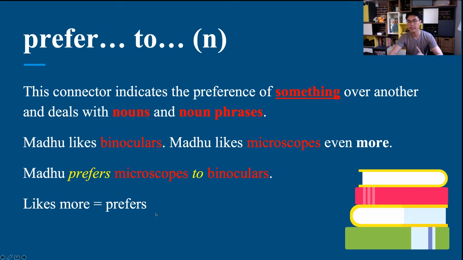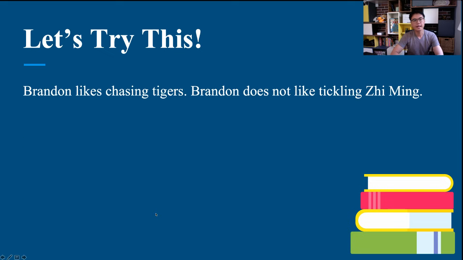Let's take a look at another example. Brandon likes chasing tigers. Brandon does not like tickling Ziming. Right? So which does Brandon like more? Obviously chasing tigers, because he doesn't like tickling Ziming. So that's one. Secondly, let's take a look at the things that are being compared here. Chasing tigers, tickling Ziming. Do you notice that chasing and tickling are, that's right, gerunds.